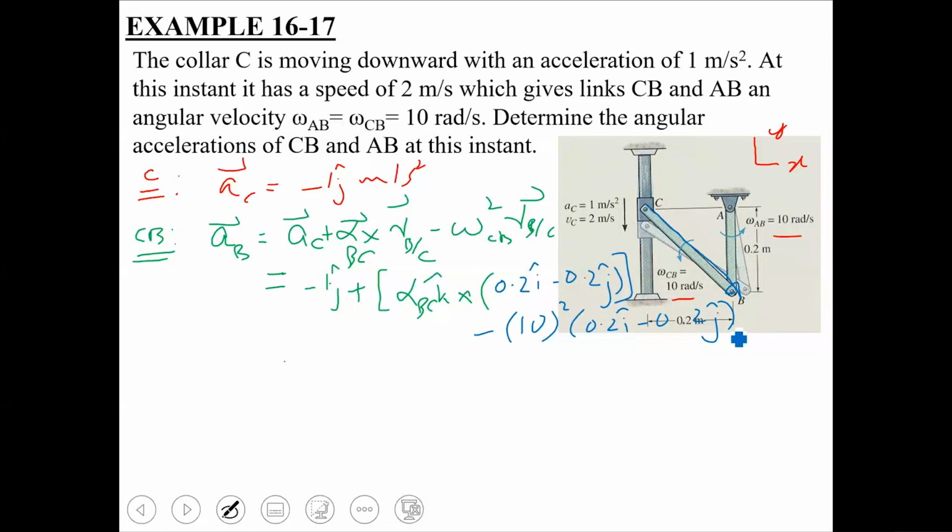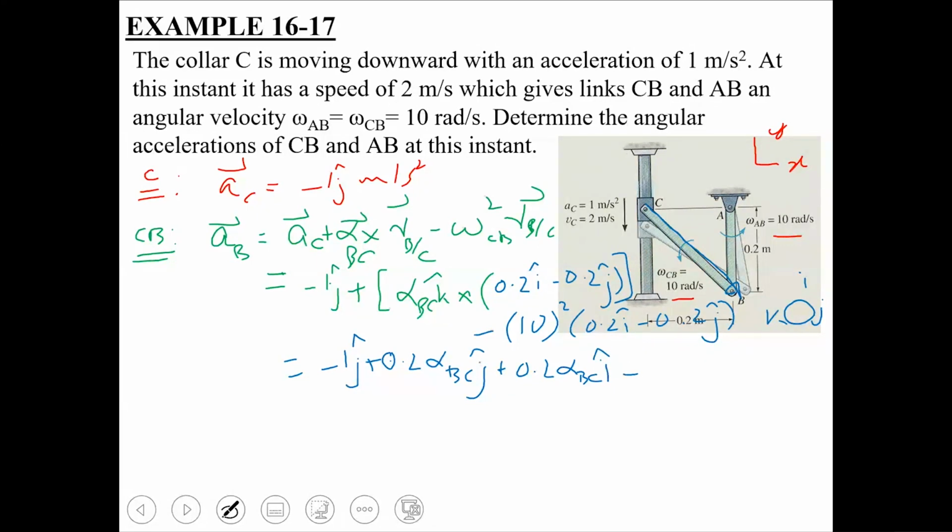Once you solve it, the right hand side would become minus 1j. जहाँ तक ताल्लुक इस अल्फा क्रॉस आर का है, तो अगर हम फर्स्ट टर्म की बात करें, it is going to be 0.2 alpha BC k cross i is j, so this would become j और ये पॉजिटिव साइन आएगा. सेकंड केस में आपका ये नेगेटिव साइन है, 0.2 alpha BC and k cross j would become minus i, so this would become plus i.